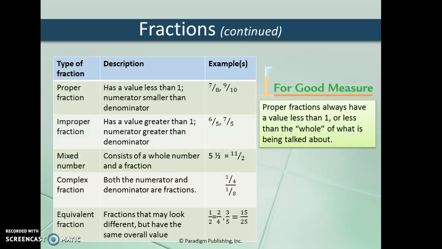Mixed numbers consist of a whole number and a fraction. Complex fractions have both the numerator and denominator as fractions. Equivalent fractions are fractions that may look different but have the same overall value. For example, 1/2 is equal to 2/4, or 3/5 is equal to 15/25.